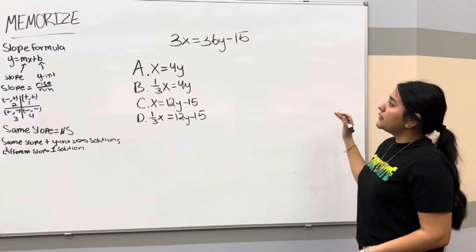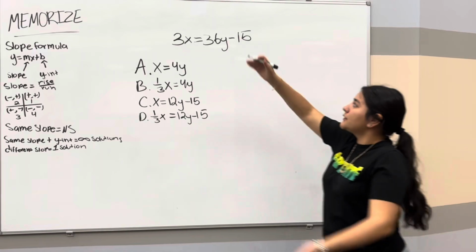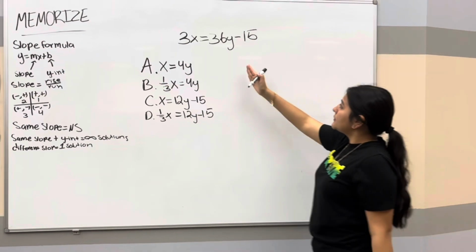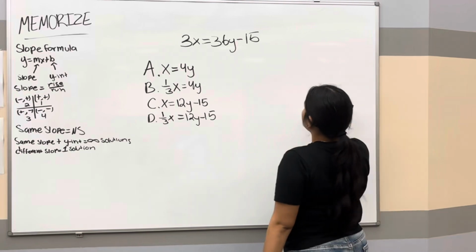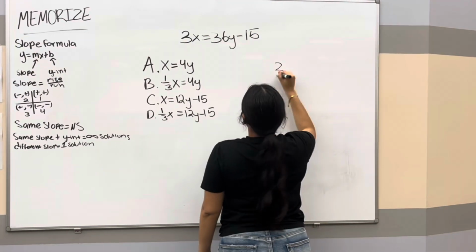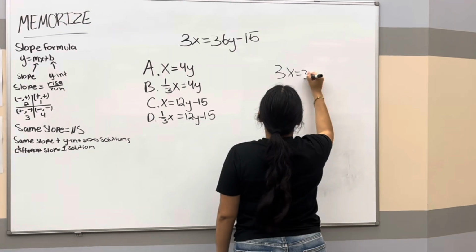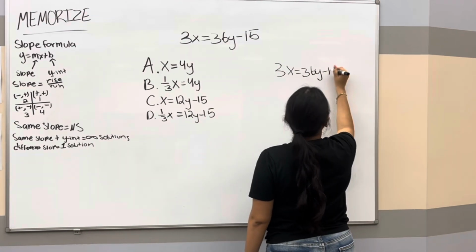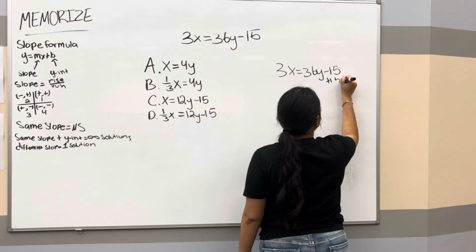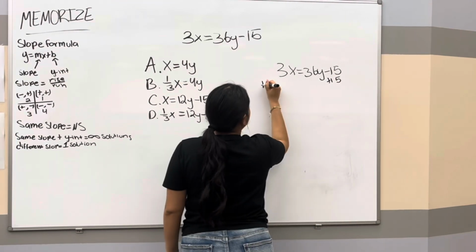The first thing we need to find out, obviously, is the slope of the first part. For this, we need to isolate the y. So I'm going to rewrite this: 3x equals 36y minus 15. Isolate the y, plus 15 on both sides.